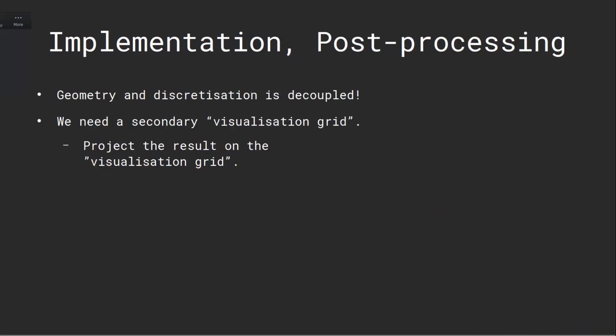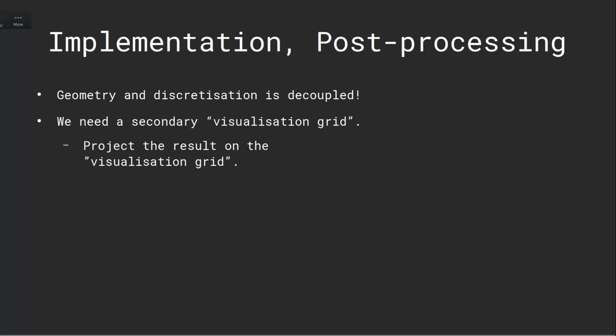Yes, and then on to the last step, the post-processing. This was an interesting challenge. Like I said, the geometry and the discretization are no longer coupled. So in standard FE codes, we just take the mesh and we project or visualize or export the results on the mesh, but we can't really do that in immersed methods.